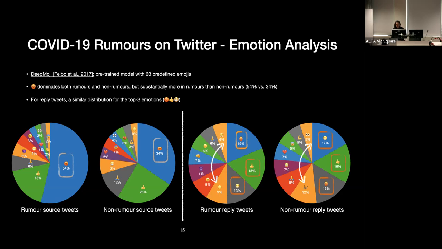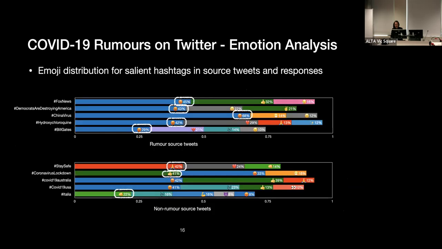Towards rumors, people are pretty angry, with the devil face, angry face and sad face. But towards non-rumor replies, we got happy, sing and love heart. We also grabbed some popular hashtags for the rumors and non-rumors on the source tweets, and we saw that the red angry face is pretty dominant on the hashtags we picked up.